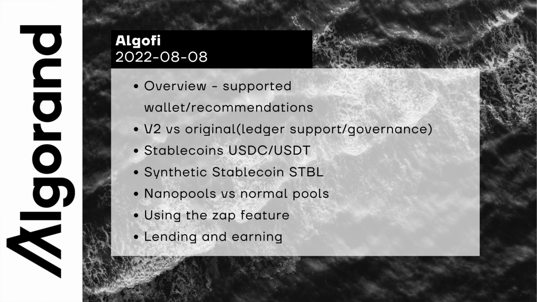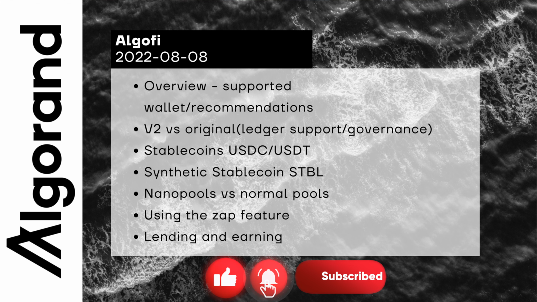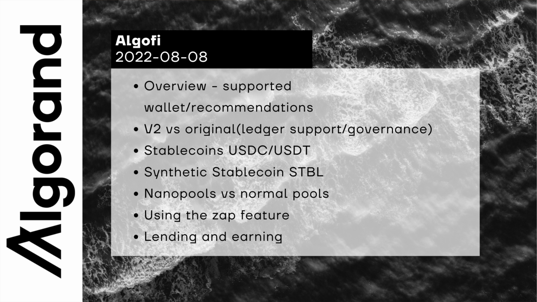So today's video is on Algofi. It is August 8th, 2022. First, we'll be talking about the Algofi overview, as well as the supported wallets and my personal recommendations for wallets to use. Next, we'll be talking about Algofi version 2 versus the original. And then we'll talk about stablecoins on the Algorand blockchain. They have USDC as well as USDT natively involved there, so I'll talk about that.